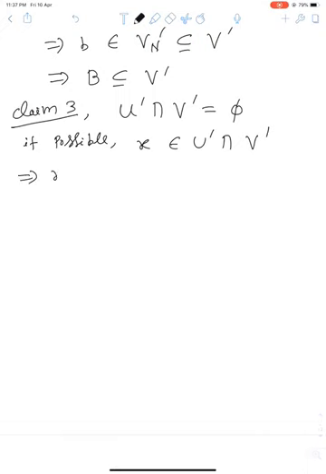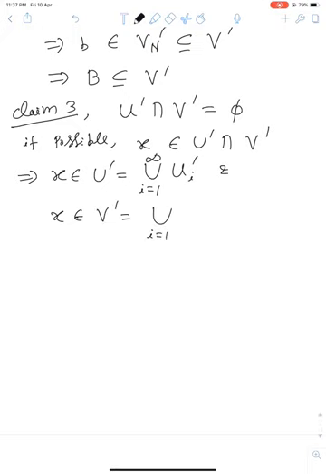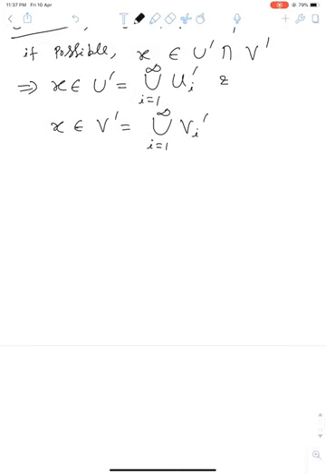Now that will imply x belongs to U dash, which is the union of Ui dash for i equal to 1 to infinity, and x belongs to V dash, which is the union of Vi dash for i equal to 1 to infinity. Now that implies there exist j and k such that x belongs to Uj dash and x belongs to Vk dash.